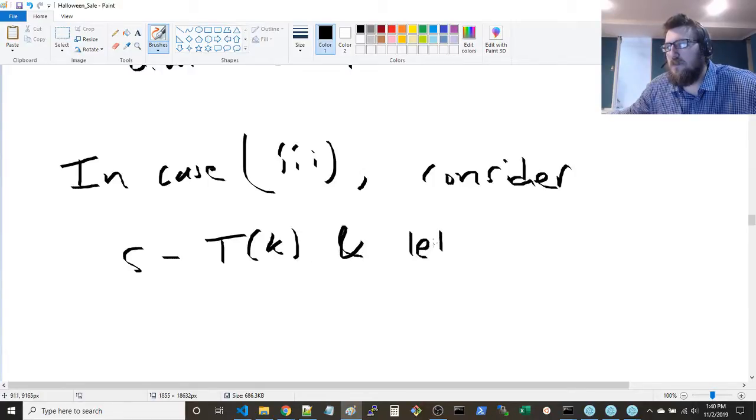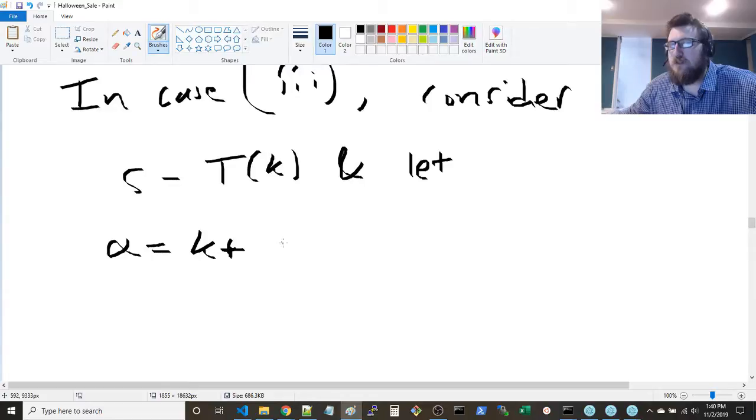And let alpha be K plus, and this is going to be as many M's as we can get, so it's going to be S minus T of K divided by M, and you're going to want the floor of that.